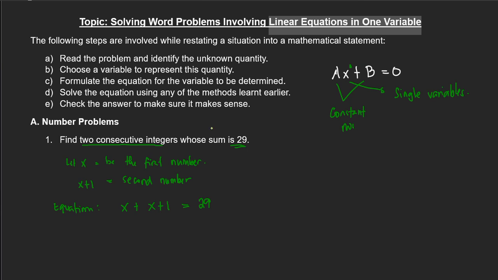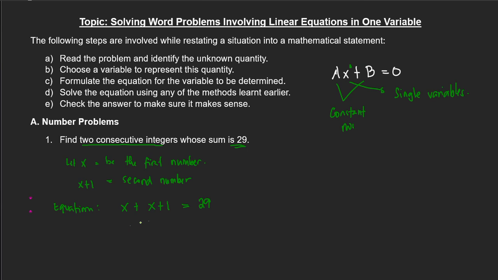Since we know that if we add these two numbers, x and x plus 1, the result will be 29.